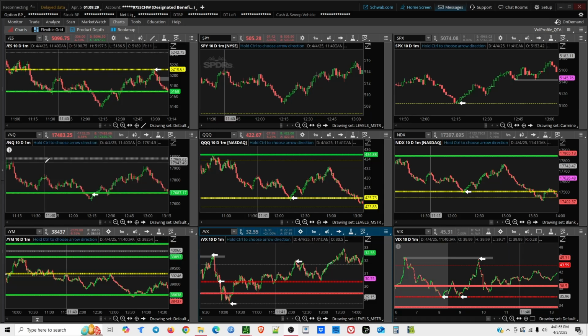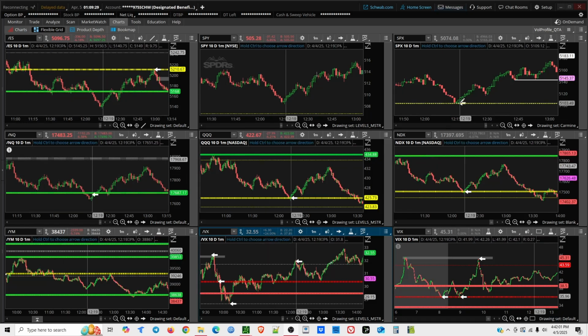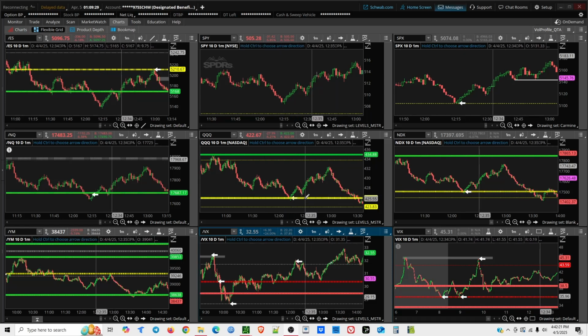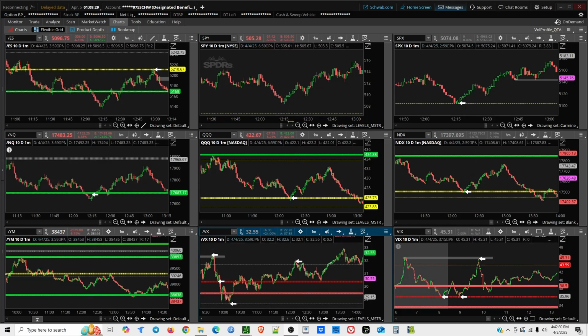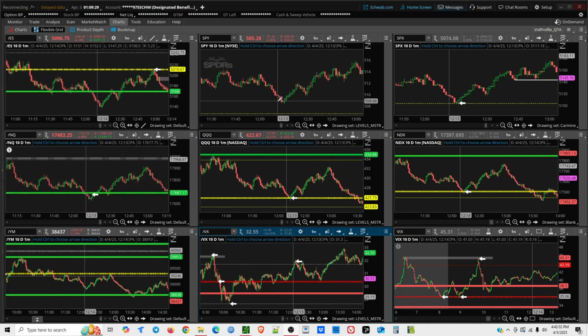Then later in the morning, actually just after noon Central Time, we had SPX and NDX and Qs and VX futures touching a significant pivot line. These were the thick yellow lines, so they were the weekly lines. This was a midpoint that VIX slightly pierced, and you don't see any confluence on SPY and ES futures.